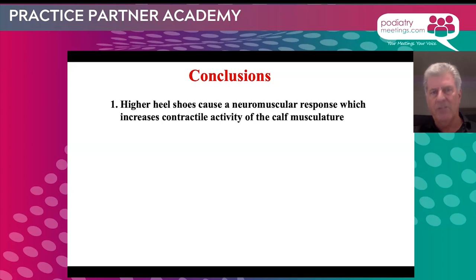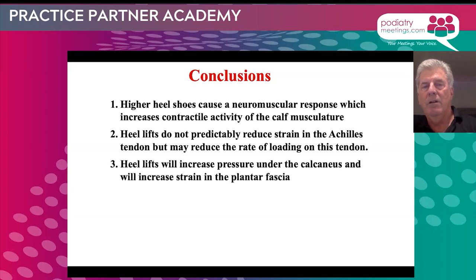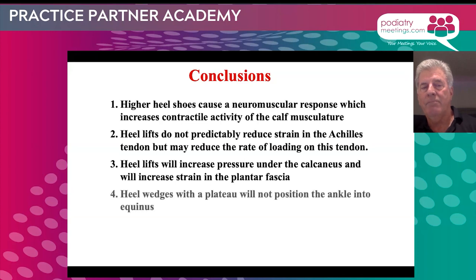In conclusion, we've learned from research that higher heel shoes do cause a neuromuscular response that could increase contractile activity of the calf musculature. Heel lifts do not predictably reduce strain in the Achilles tendon, but they may reduce the rate of loading of the tendon in runners. Heel lifts will increase pressure under the calcaneus and can increase strain in the plantar fascia.